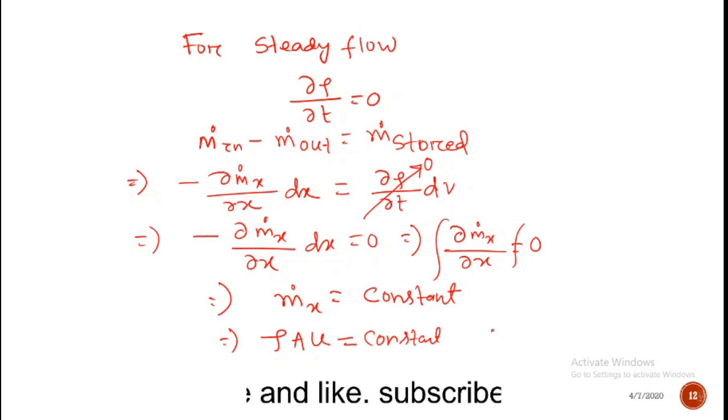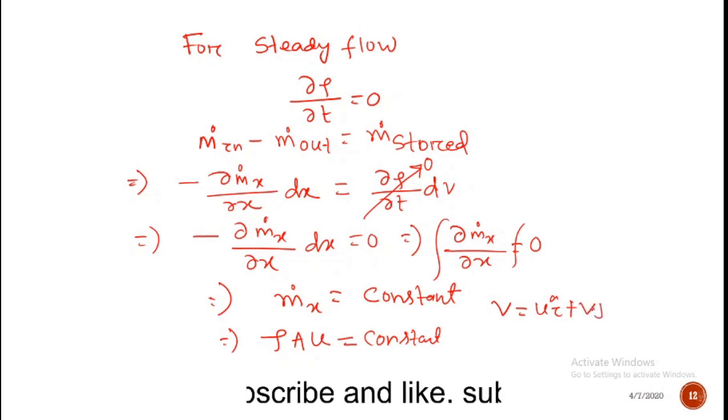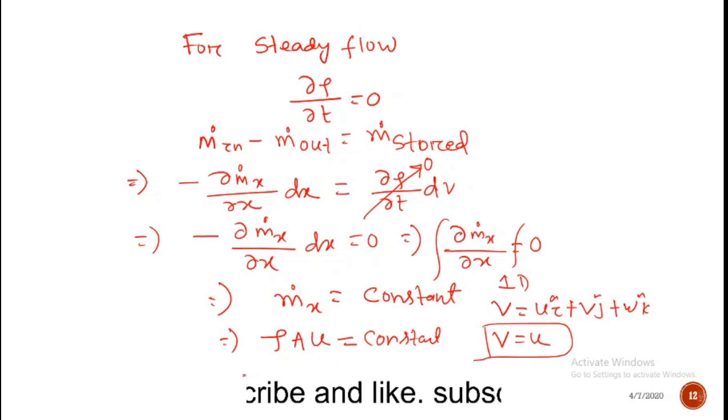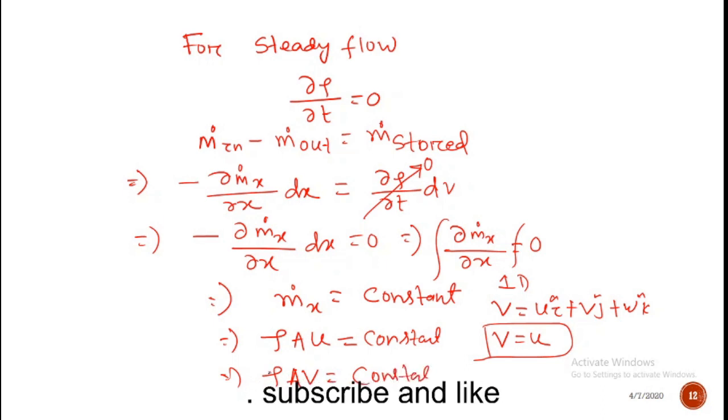As I told you, this velocity field is u i cap plus v j cap plus w k cap. This is a one dimensional flow, so I can write this as u, equal to V. So rho A V will be equal to constant.